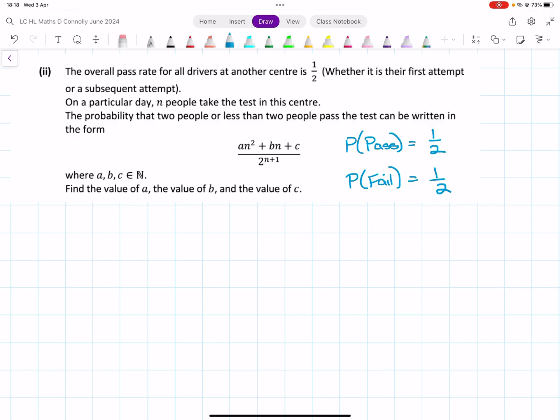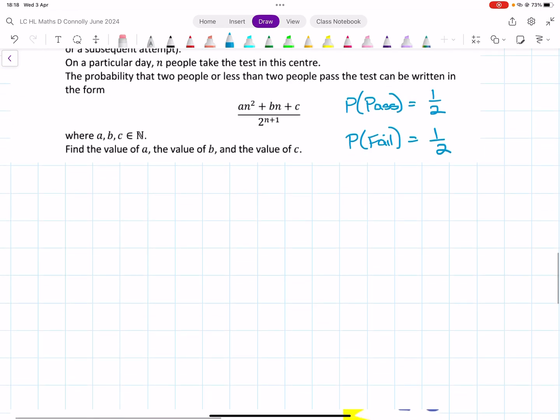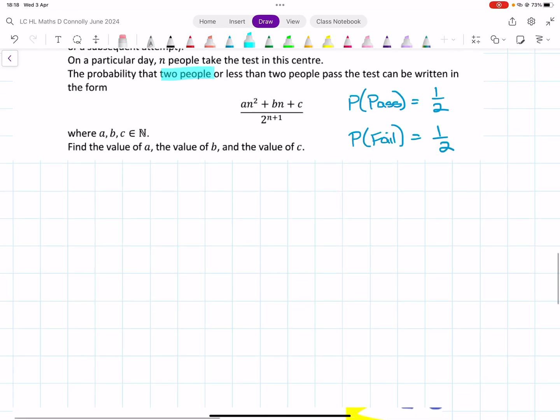The probability that 2 people or less than 2 people will pass the test can be written in this form, so find the value of A, B, and C. Okay, so 2 people or less. So that is the probability of no people passing, or the probability of 1 person passing, or the probability of 2 people passing.